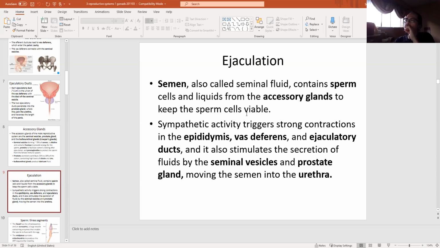It goes from the testes through the epididymis, through the vas deferens and ejaculatory ducts, combines with the fluid from the seminal vesicles, then goes through the prostate, moving the semen into the urethra and ejecting into the vagina in the female.